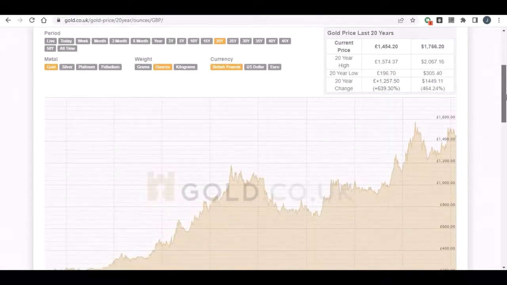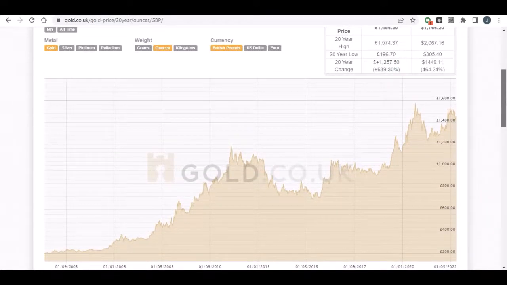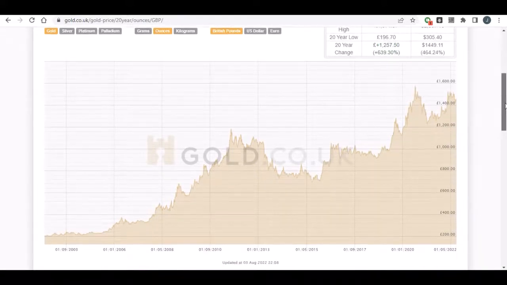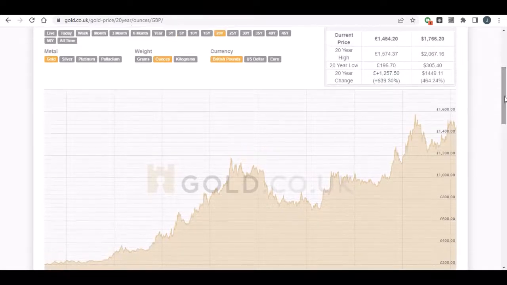If we look at the 20 year, you'll see that in around 2006 things started to take off, and then from around 2011 it stagnated quite a bit until about 2019, so best part of 10 years there. So 600% on 20 years.